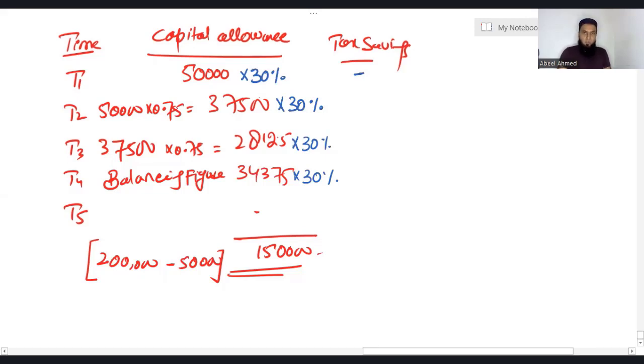It is mentioned in the question that the company pays tax with a delay of 1 year.